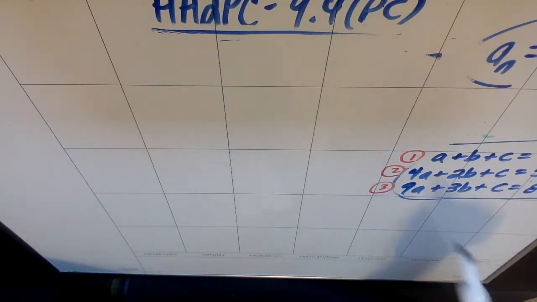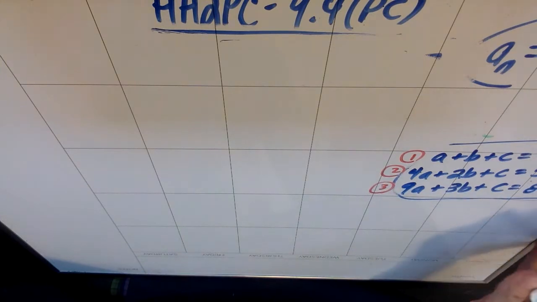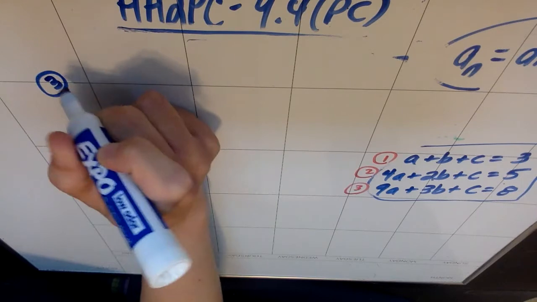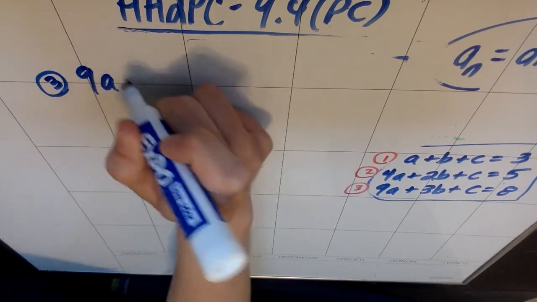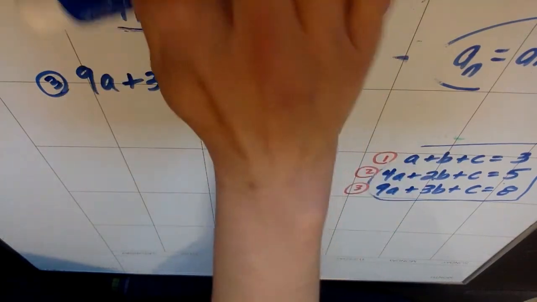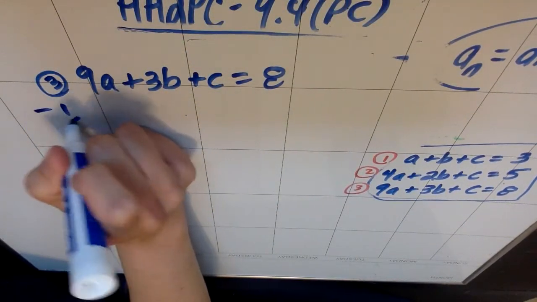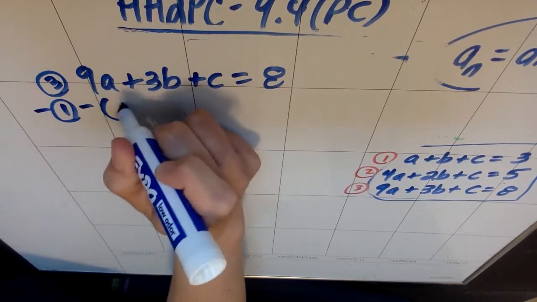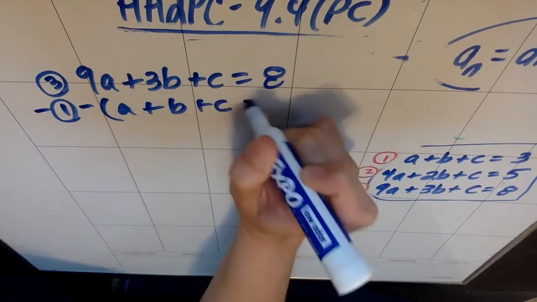One option is I could take both equations 2 and 3, which are the slightly uglier equations, and subtract equation 1. So I could take equation 3, which is 9a plus 3b plus c equals 8, and literally subtract equation 1, meaning I'm going to subtract a plus b plus c equals 3.